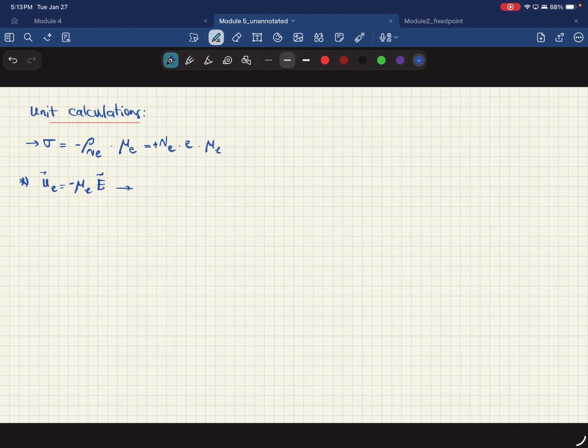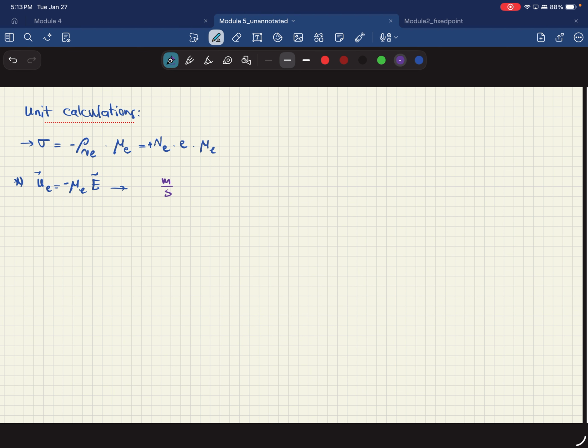Okay. UE is the drift velocity, right? We call it drift velocity. What is the unit of a velocity? Yes, thank you. So this is meter per second, is equal to mu E, which is the one that we want to find, multiplied by E. And what is the unit of E?